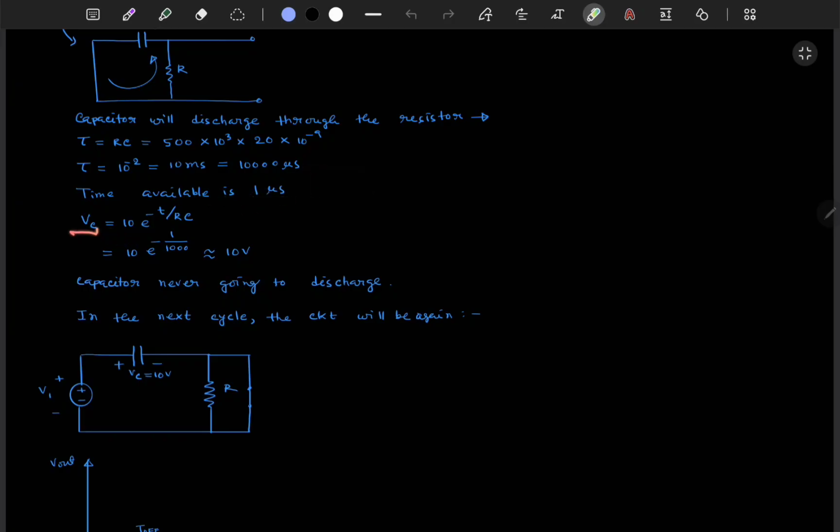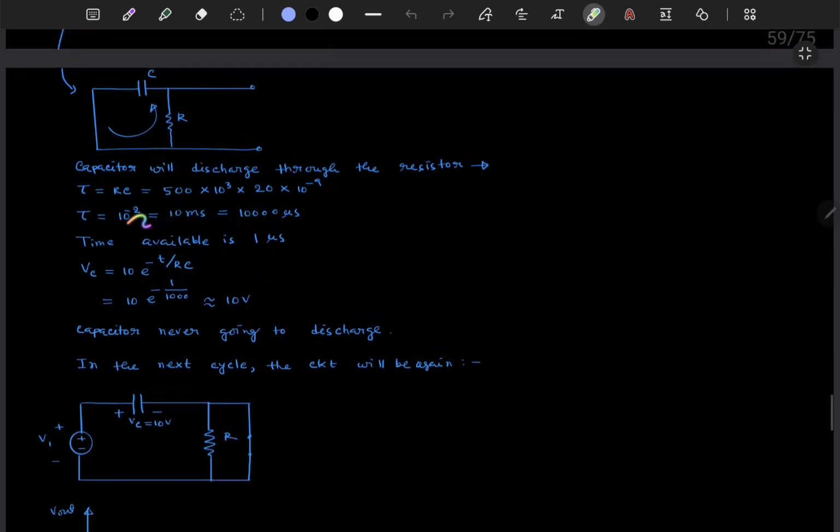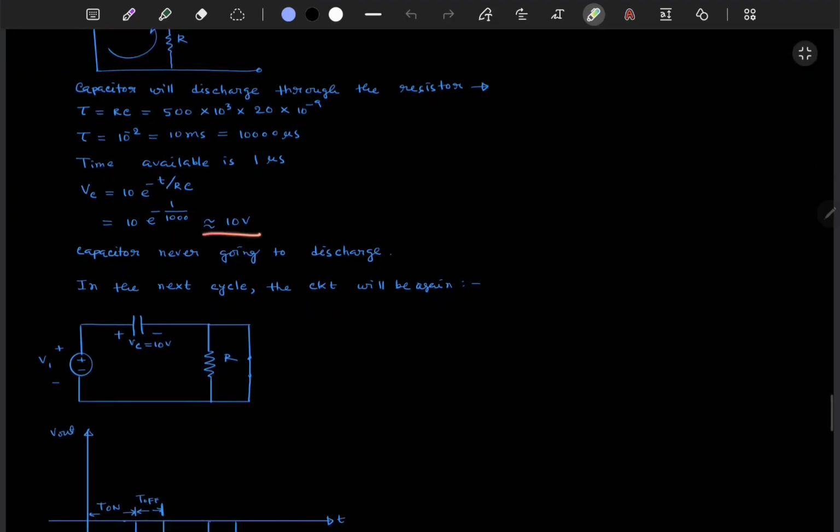So we are checking VC after this 1 microsecond. Here it is nearly equal to 10 volt, so the capacitor is never going to discharge.